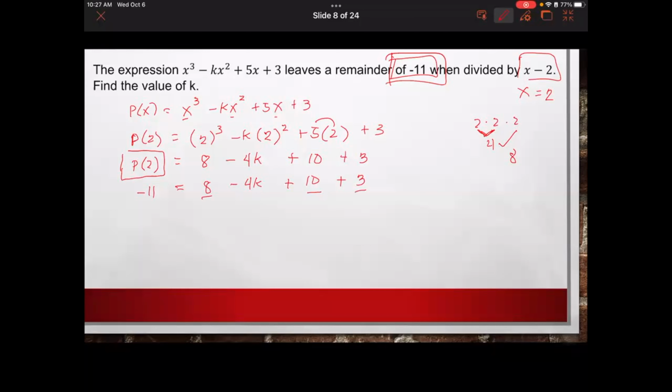What is the simplified value of 8, 10, and 3? Answer. Yes, Aure. 21 po. 21. Okay, so this is 21 minus 4k.